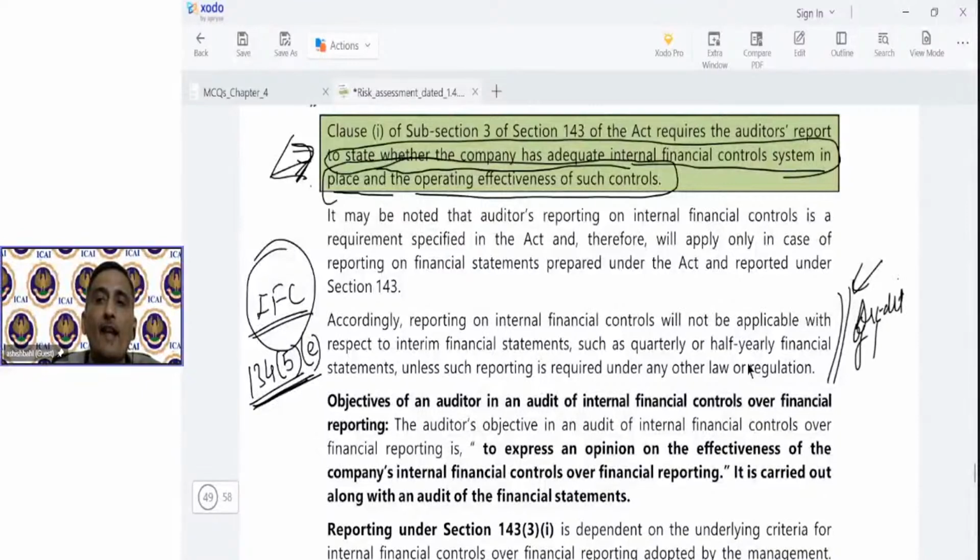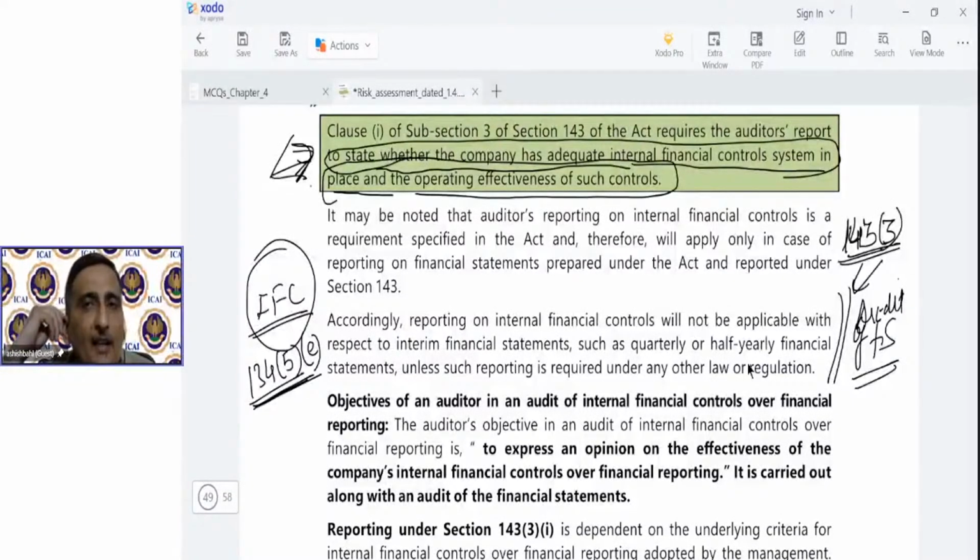So when he is carrying out annual audit and submitting report under section 143(3), then this requirement will apply. It is not applicable to, say, interim financial statements made on a date for a period which is shorter than a financial year.